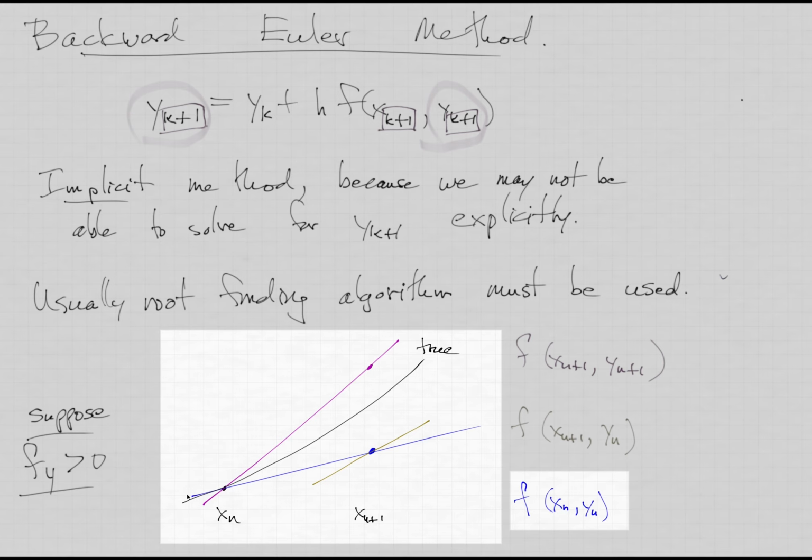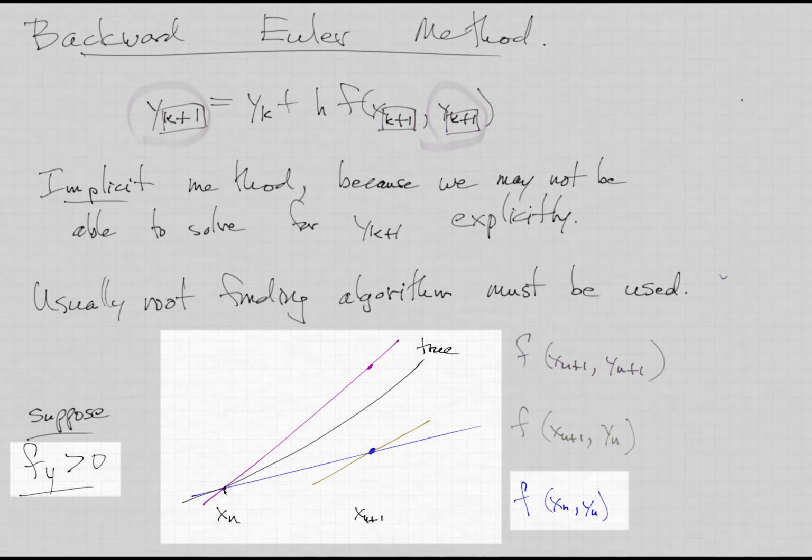Because we're assuming that f sub y is positive, as we move up along this curve, we expect the slope would actually get greater, and that therefore this blue line is going to be an underestimate of the true value, as you can see here. The slope at this point was lower than the average slope along the curve, so the Euler-Forward method will give us an underestimate for the true value of the function at x sub n plus 1.